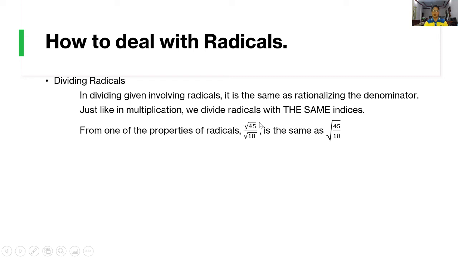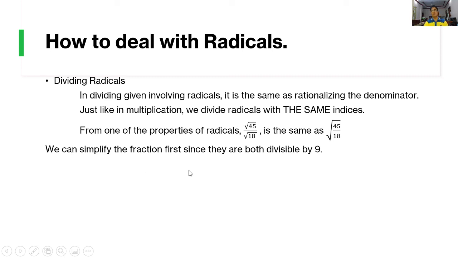So instead of square root of 45 over square root of 18, we can rewrite it as the square root of 45 over 18. Nasa loob. In this sense, pwede natin siyang i-divide. Okay? We can simplify the fraction first since they are both divisible by 9, which will give us 5 over 2. 45 divided by 9 is 5. 18 divided by 9 is equal to 2. Square root of 5 over 2.